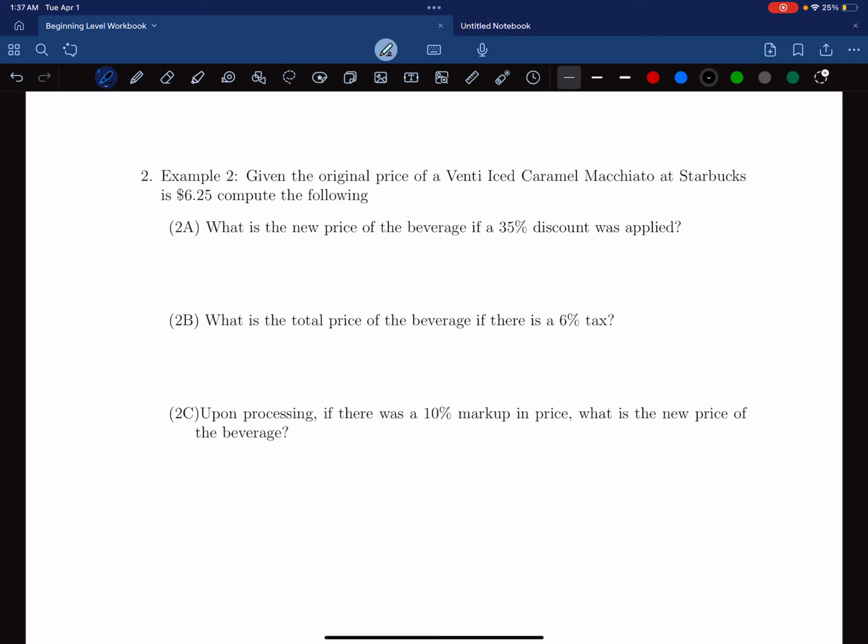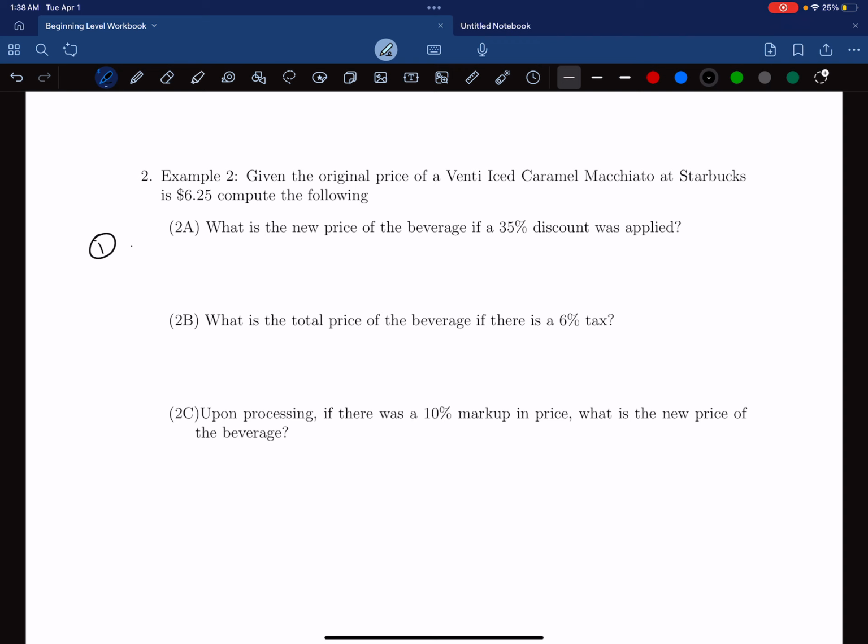So, in other words, the first question we have to ask is, if we are applying a 35% discount, how much are we actually paying for? What percentage are we actually paying for? So I'm going to write step 1 here.